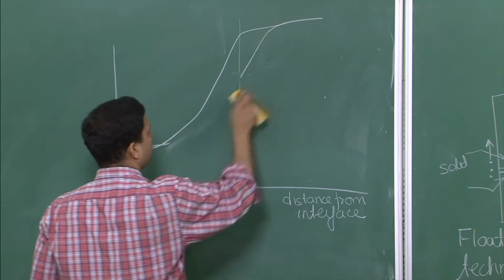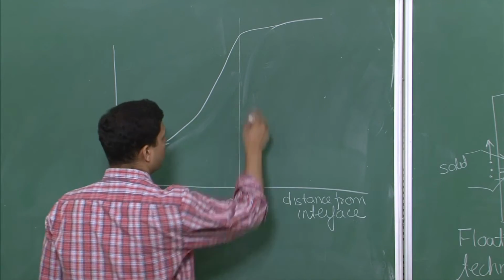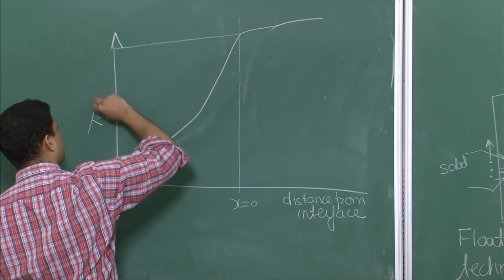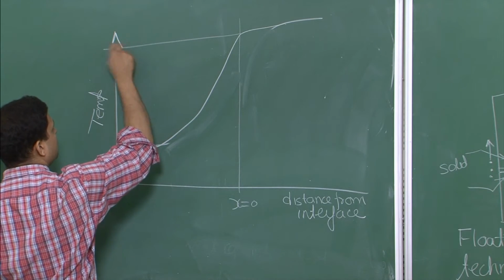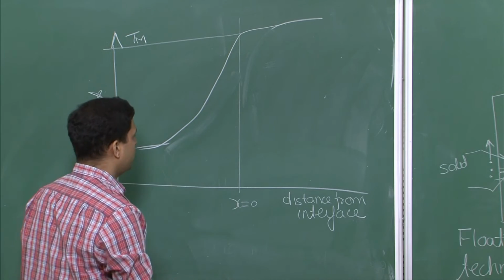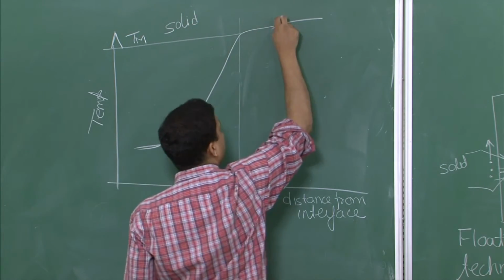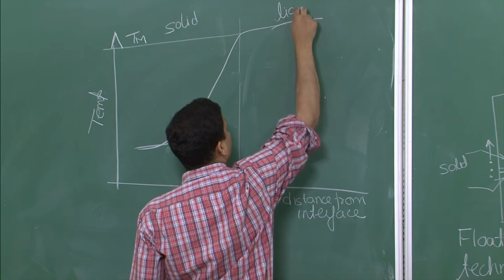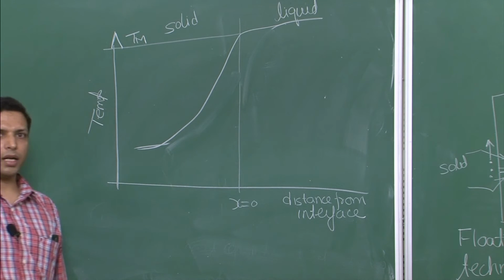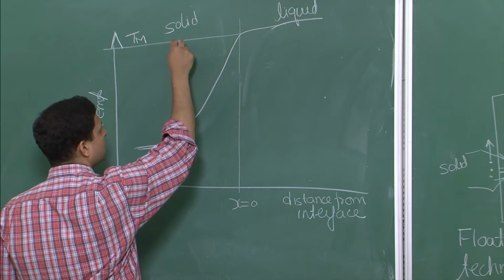It should be like this, because at the interface the temperature must be Tm. So, on the y axis we have temperature, this is equal to Tm, this is x equal to 0, this is the solid region, and this is the liquid region.